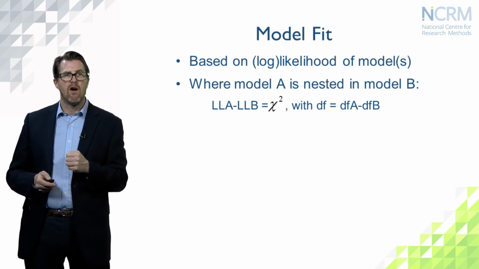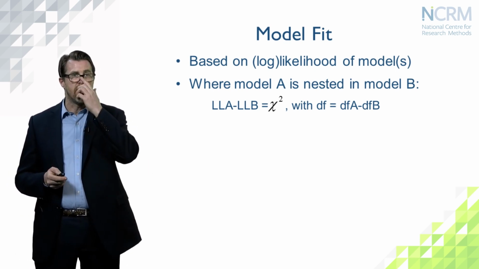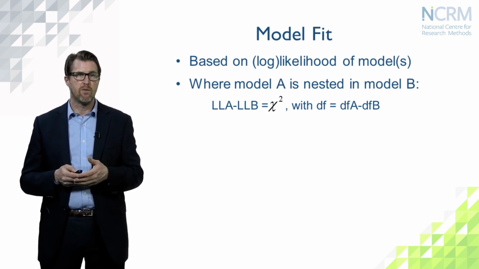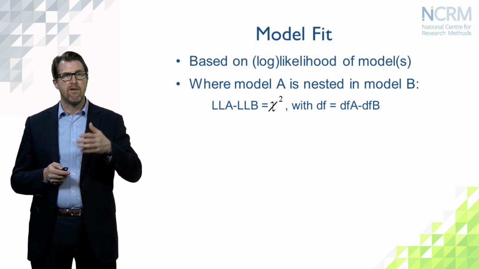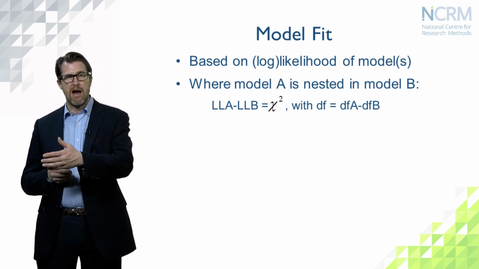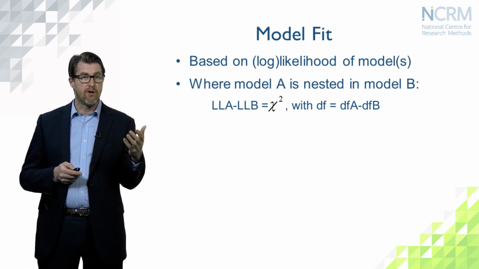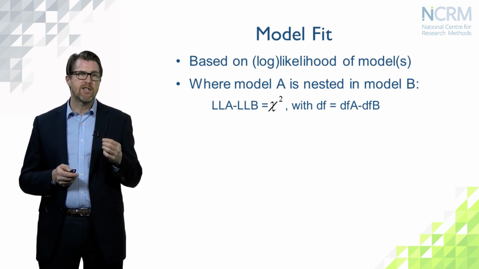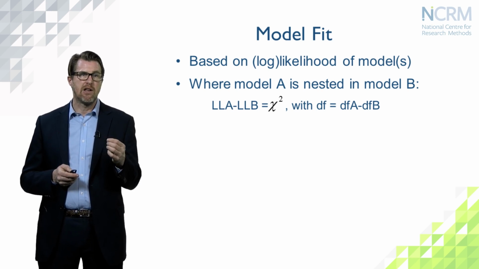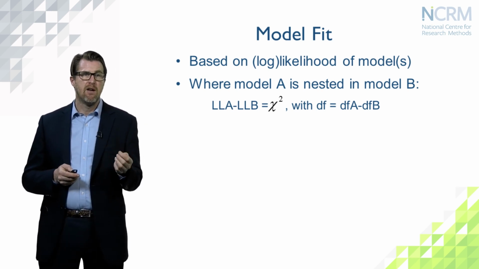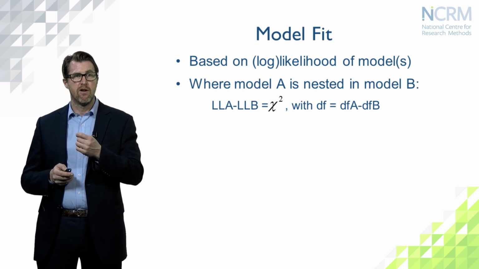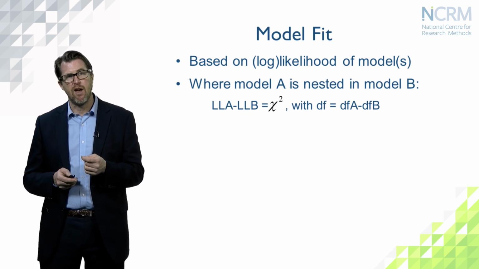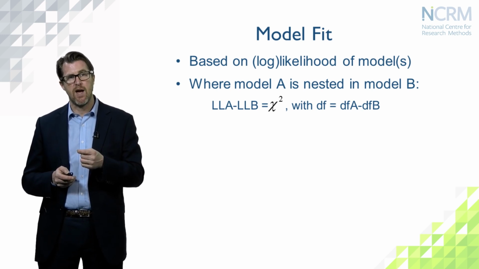So I've said something about model fit already and the fact that it's based on the log of the likelihood of the model that we've estimated, and that we can do this comparison of model fit when the two models are nested. This is because if we take the log of the likelihood for model A from the log of the likelihood for model B, then that number is itself distributed as chi-square.